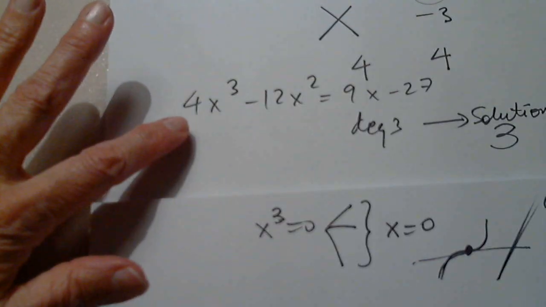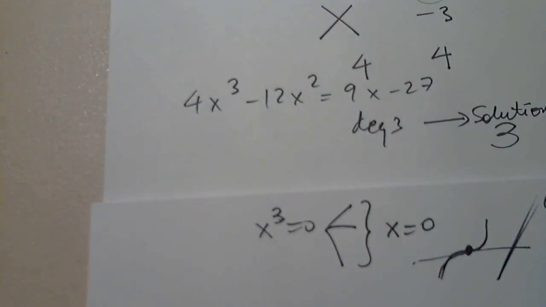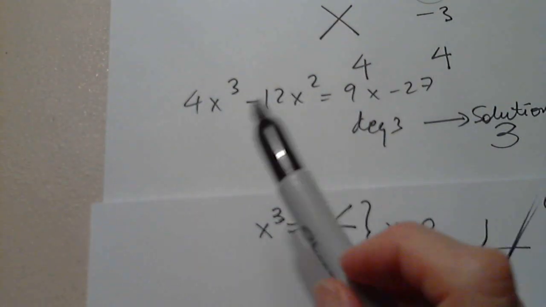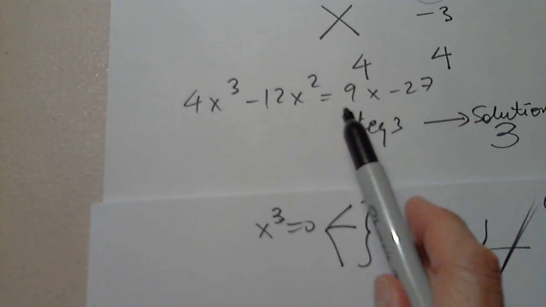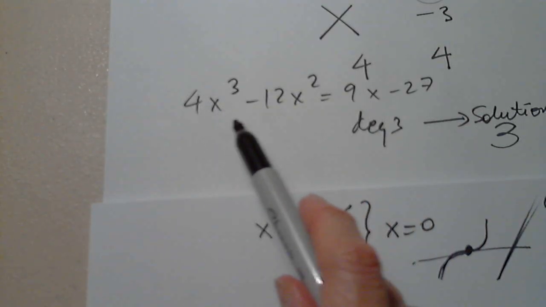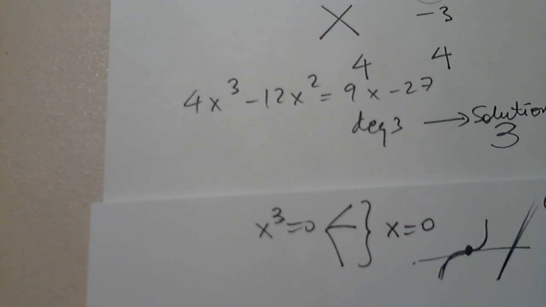What do we need to do? Could you divide by 4? No, because I don't have a greatest common factor. It's only here, but not here. Otherwise, I would have. Yes, to simplify it. Yes, I agree.